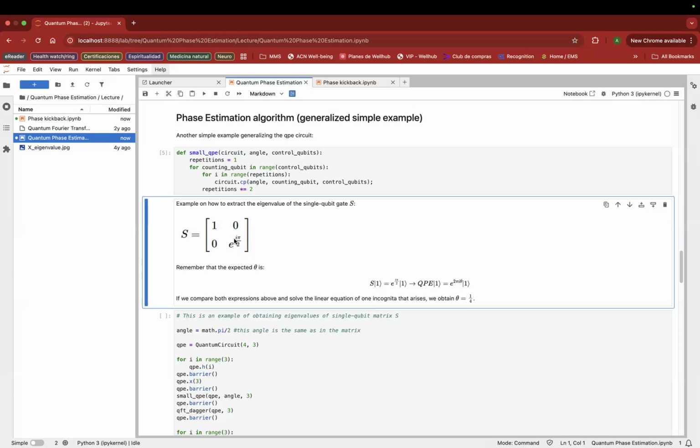I think you will see that in the following subject with Alejandro, for the quantum amplitude estimation algorithm. But what I'm trying to say here is I want to show you how the quantum phase estimation algorithm works, with a simple example where we know the solution beforehand.